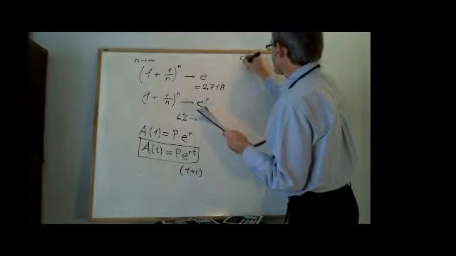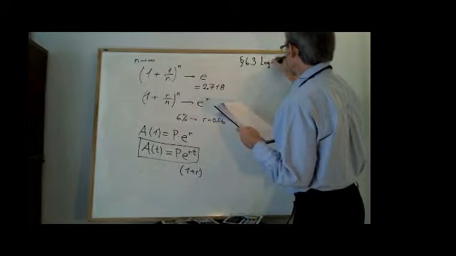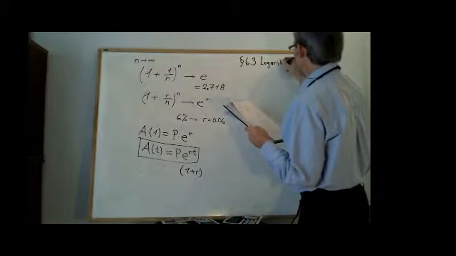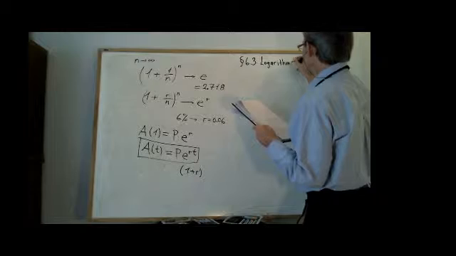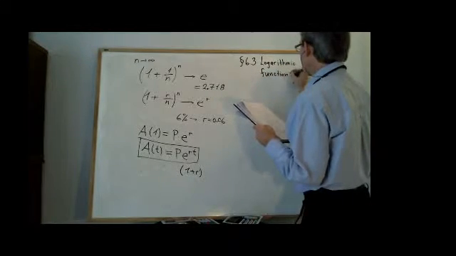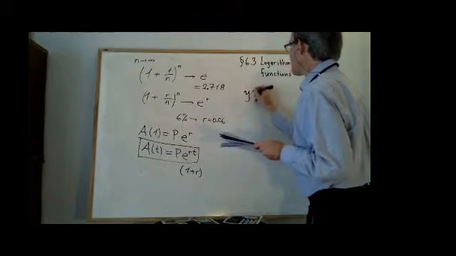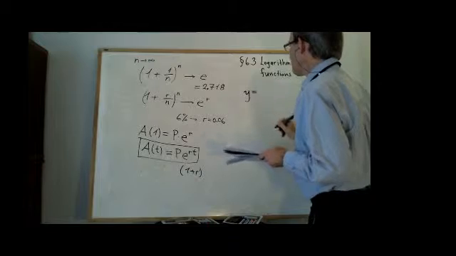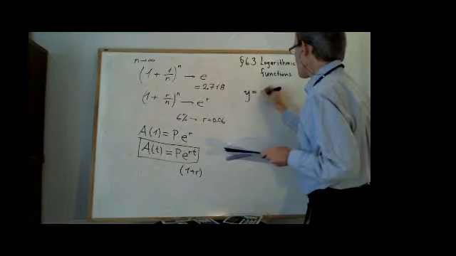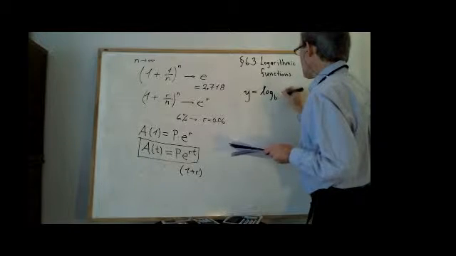So this is now in section 6.3, logarithmic functions. Okay, so remember what I said last time, that the logarithm functions are the inverses of the exponential functions. So what we write is y equals log base b of x.